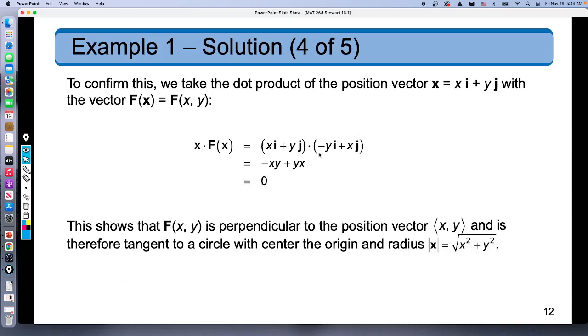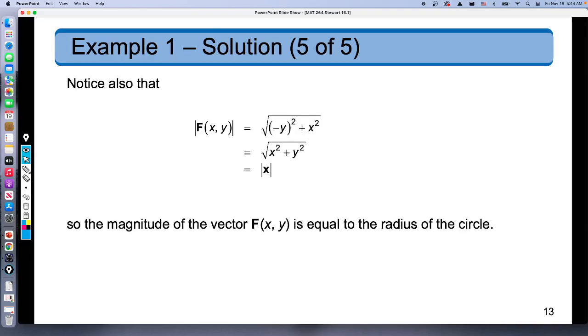And so they do a dot product with that vector, and sure enough, it is perpendicular to the position vector, xy, and so it's tangent to the circle with the center at the origin, which would be square root of x squared plus y squared. The other thing we find with this is that the magnitude is the radius of the circle. So as we go further out, the circles are getting larger, the radius is getting larger, the magnitude of the vectors are getting larger. So there's this connection between what's going on there.